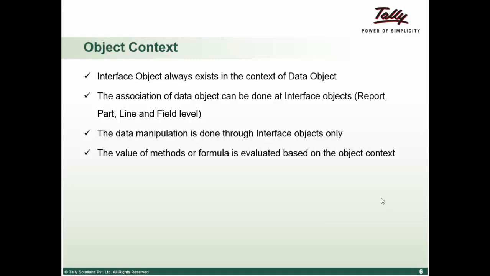Depending upon the report requirement, you might have to give additional interface to data object association or you might not. However, depending upon the requirement, the associations can be done at report, path, line and field. You may have to do it at all the interfaces, or at only one interface, requirement based.